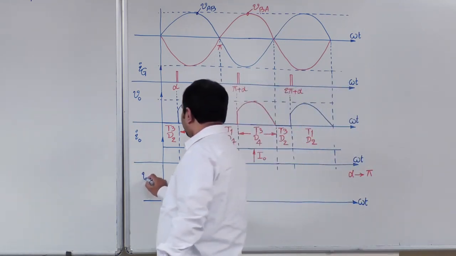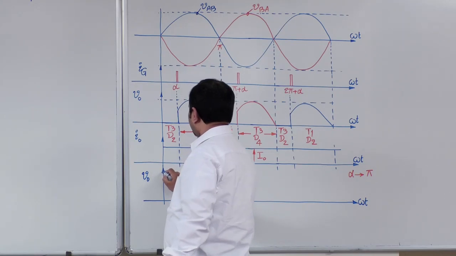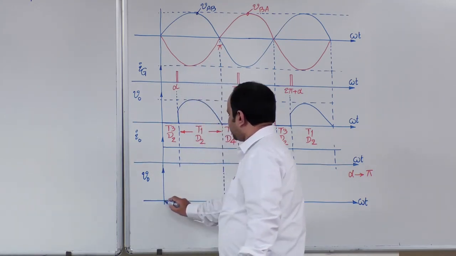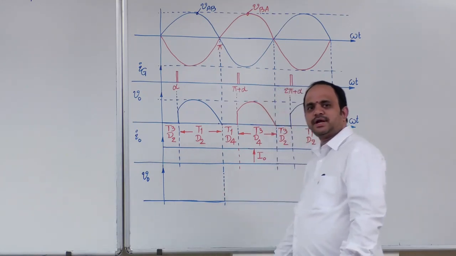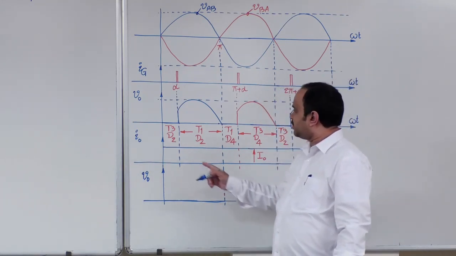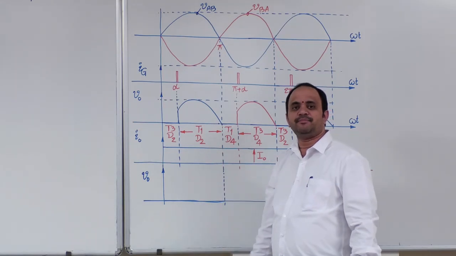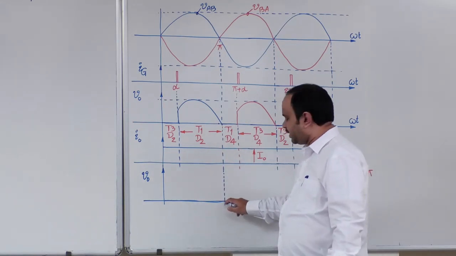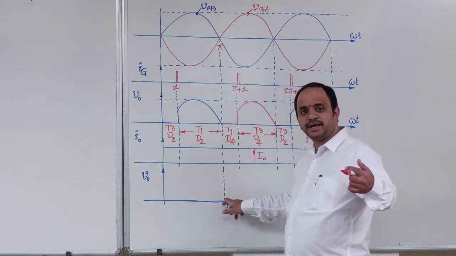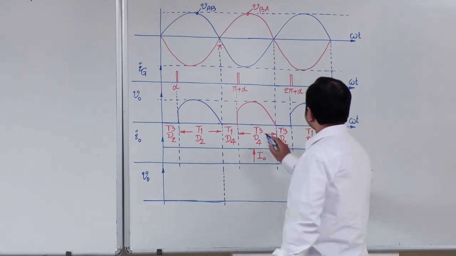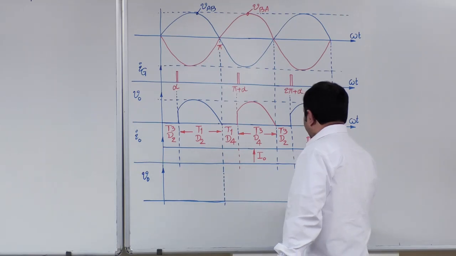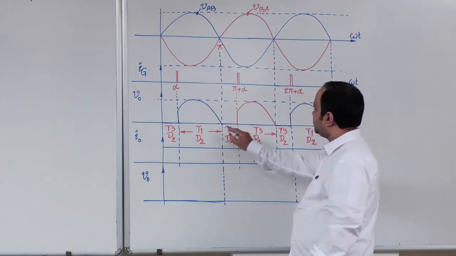If line commutation of T3 fails, what happens here? T3 will continue to conduct. If line commutation of an SCR fails, whenever it is forward biased, without giving gate current itself, the device will start conduction. Therefore T3 will continue in conduction.